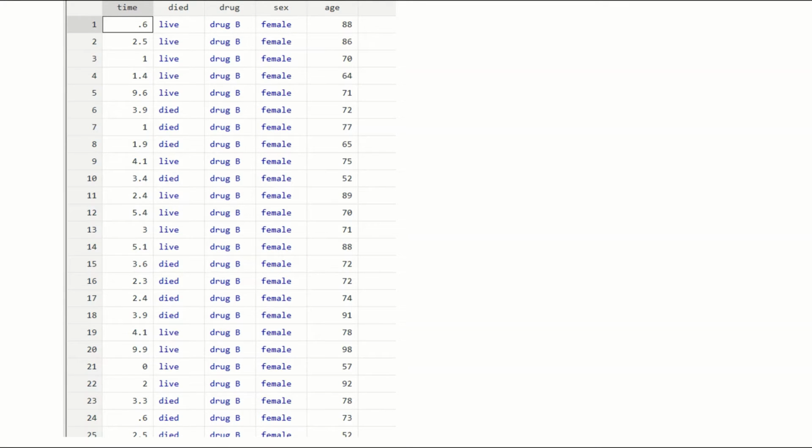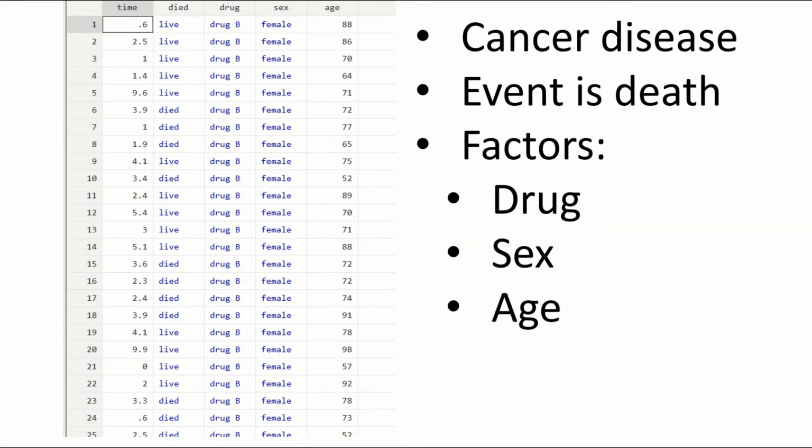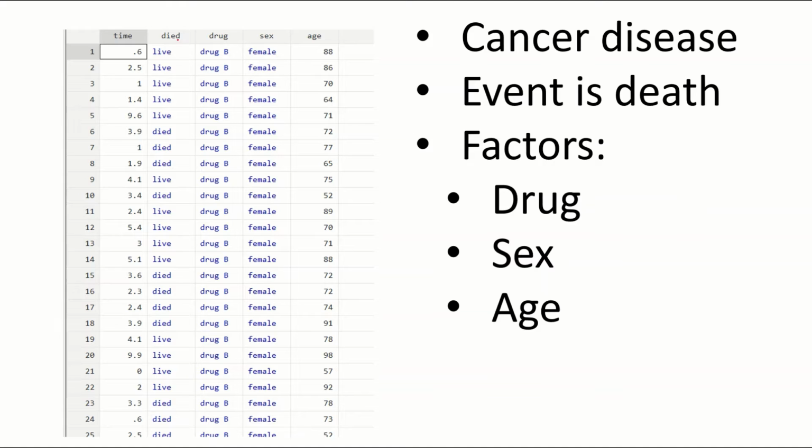Here in this slide, I have inserted data for 5 variables. The first variable is the time, the survival time, and the second variable is the event. So those 2 variables, the time and the death status, are the essential survival time variables.